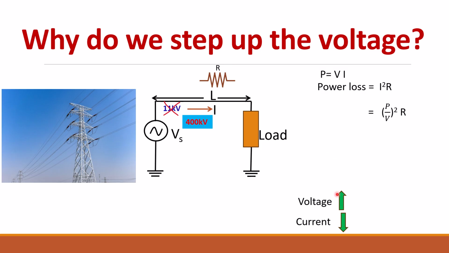So by increasing the voltage, we are able to decrease the current and the power loss is also decreased, so that efficiently we are able to transfer the generator power to the load.